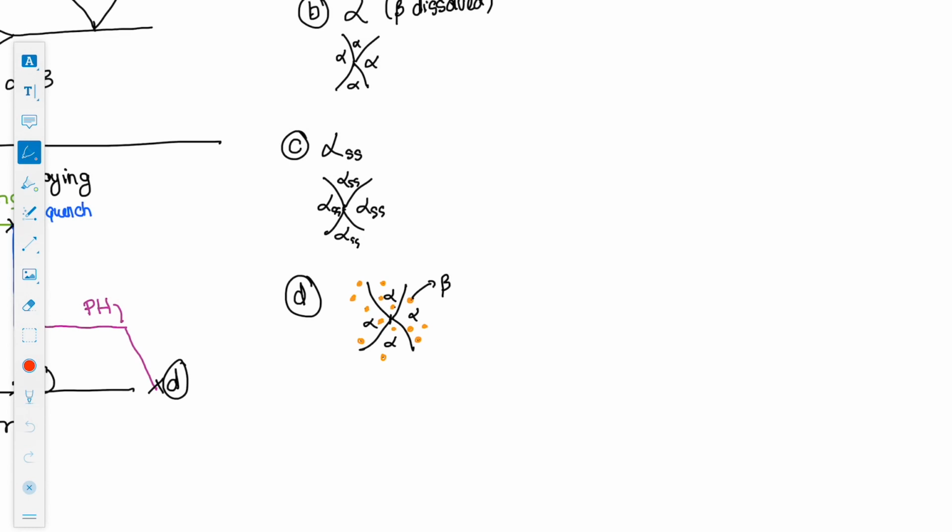But what you really want to imagine is that when we're moving from C to D, we have our supersaturated solid solution, and then we have these little tiny particles precipitating out and kind of forcing their way into the structure.